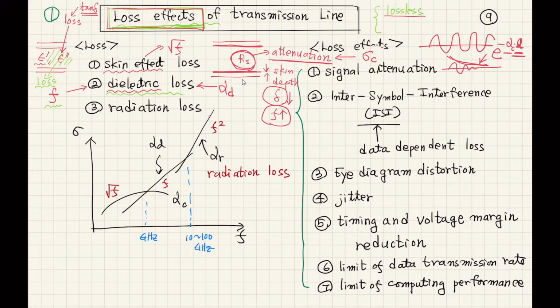The third loss is coming from radiation loss. This means that your transmission line is becoming an antenna, and your transmission line will generate an electromagnetic field. This field will interfere with other sensitive circuits such as sensors or the RF receiving front end.